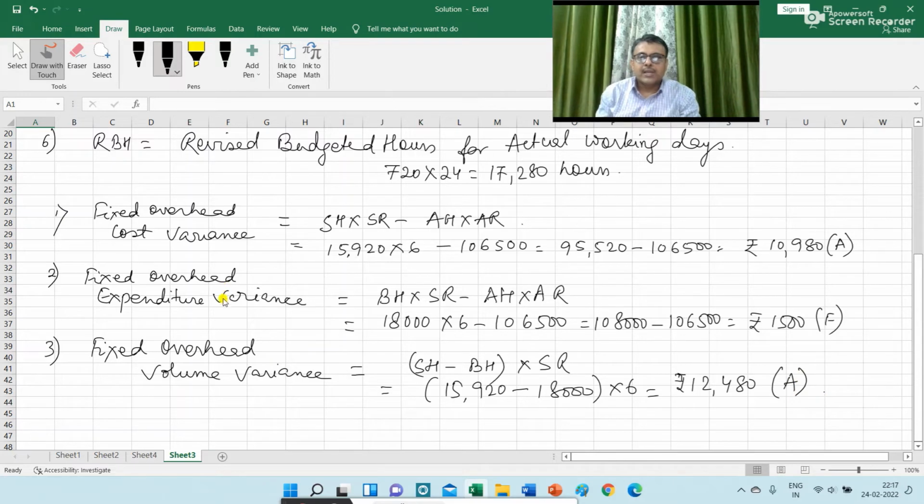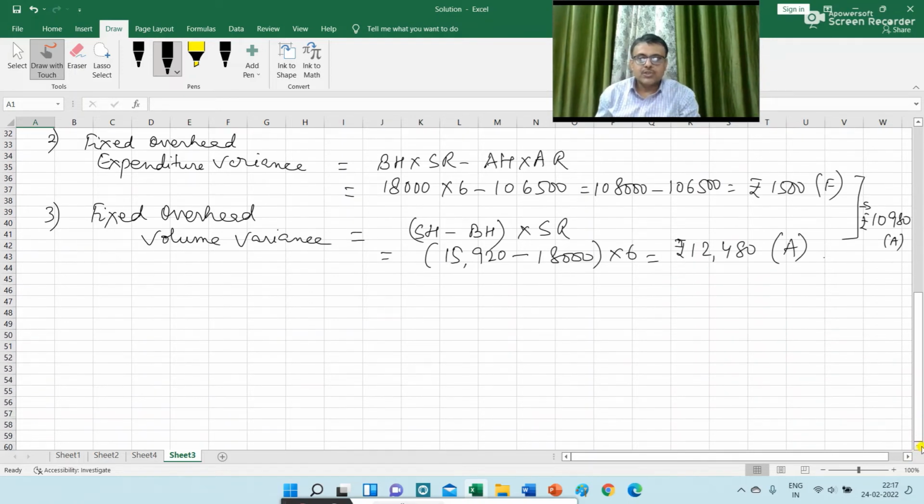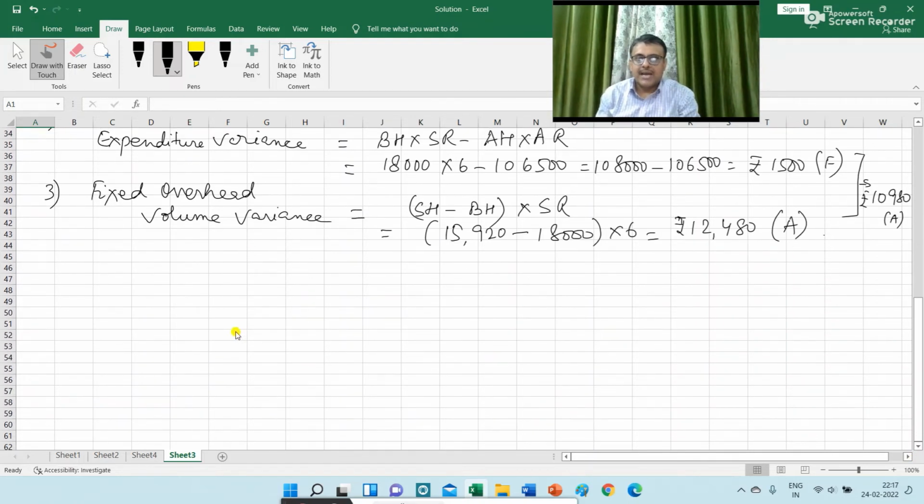Now you can see that fixed overhead cost variance is equal to fixed overhead expenditure variance plus fixed overhead volume variance. If you add these two, you will get rupees 10,980 adverse. Now fixed overhead volume variance has 3 sub-variances.